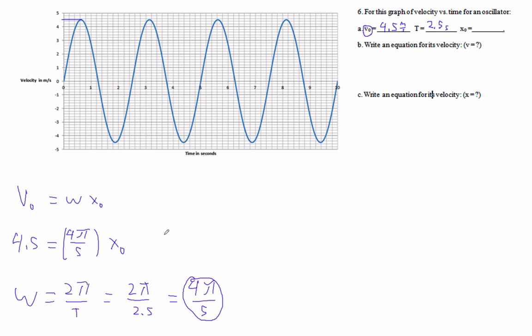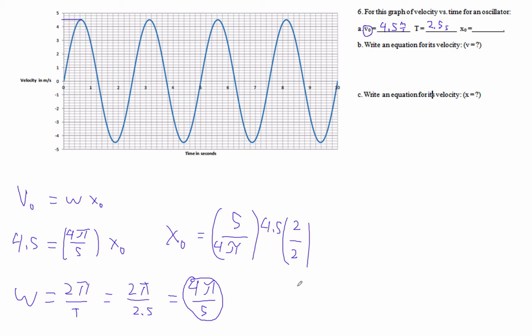So now we got to figure out what x naught is, right? X naught is, let's see, 5 over 4 pi. You got to divide, right? It's going to be this guy divided by this, so what I did was I multiplied this by the reciprocal of that. Okay, so I'm going to multiply the numerator and denominator by 2 to make it pretty.